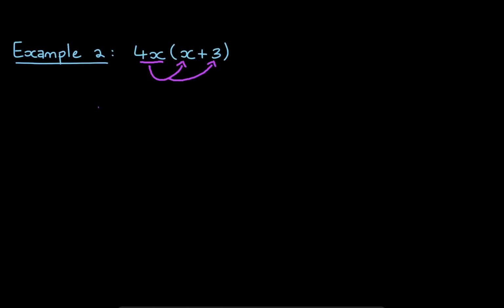So what do you get? 4x multiplied by x, plus 4x multiplied by 3. Now 4x multiplied by x will give you 4x squared, and 4x times 3 will give you 12x. So this will be your final answer.